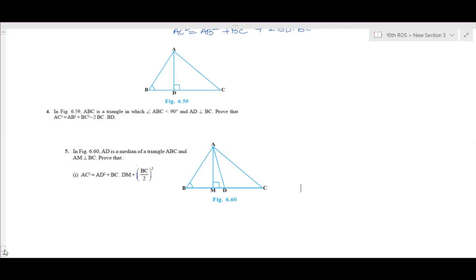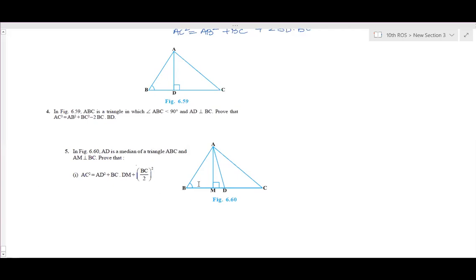AD is the median of triangle ABC. AM is perpendicular to BC. Prove that AC square is equal to AD square plus BC into DM plus (BC by 2) whole square.